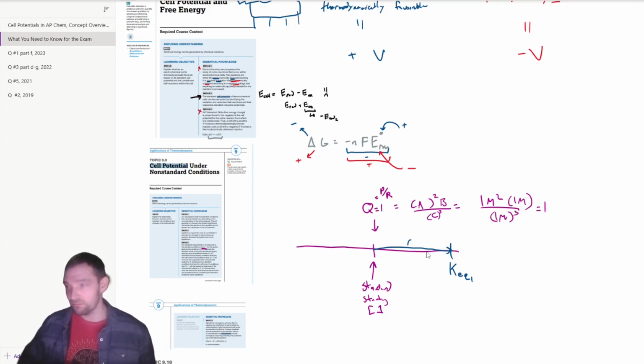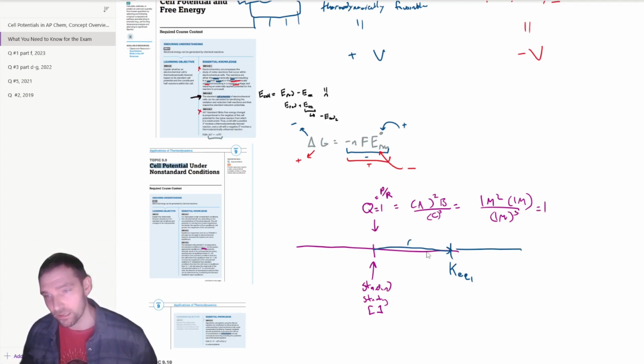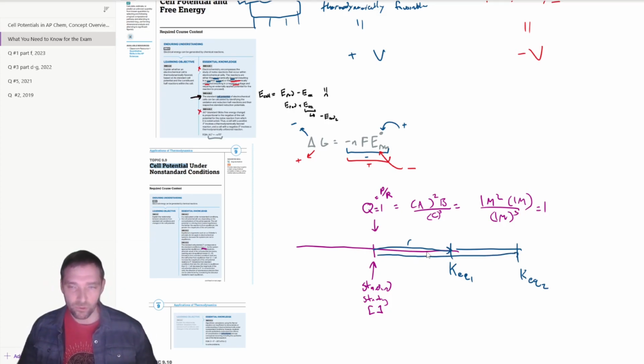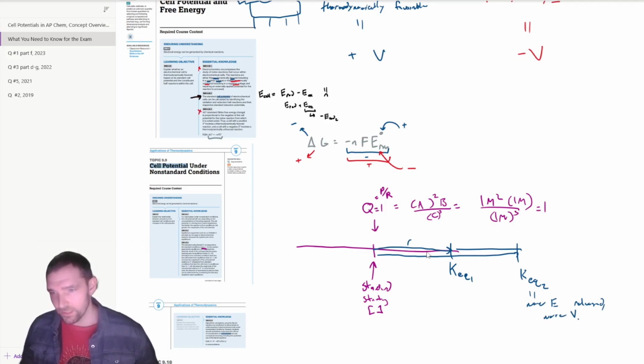So if you had another K that's even bigger out here, like K equilibrium 2, then it's got further to go, so it's going to release more energy and have higher voltage. So the further it goes, the bigger the energy released.